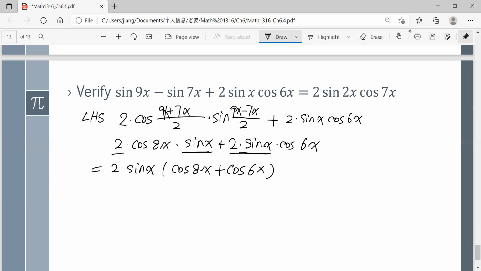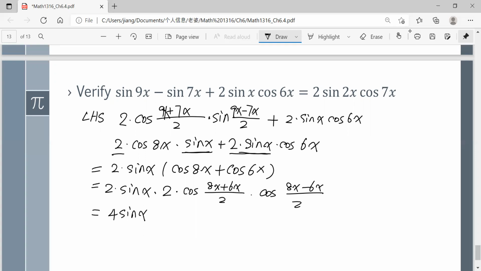We use the sum to product again: 2 times sine x times 2 times cosine of 8x plus 6x over 2, times cosine of 8x minus 6x over 2, which gives 4 sine x times cosine.